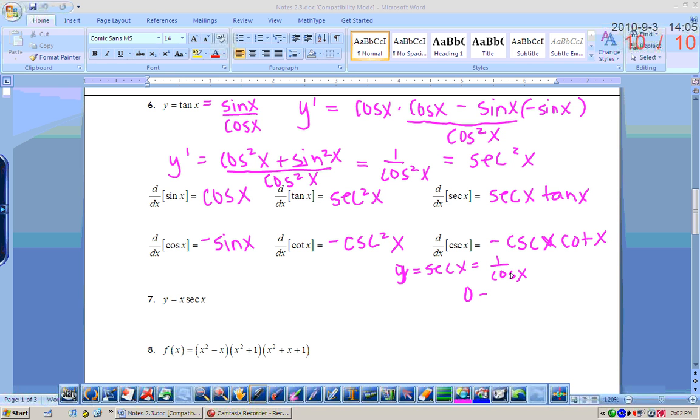Minus the top is 1, and the derivative of cosine is negative sine, so that's going to be plus sine x over cosine squared. Yeah, it was minus a negative. That's where I got the positive. So I have sine over cosine squared. The sine over one of the cosines is your tangent, and the other cosine on the bottom is your secant.